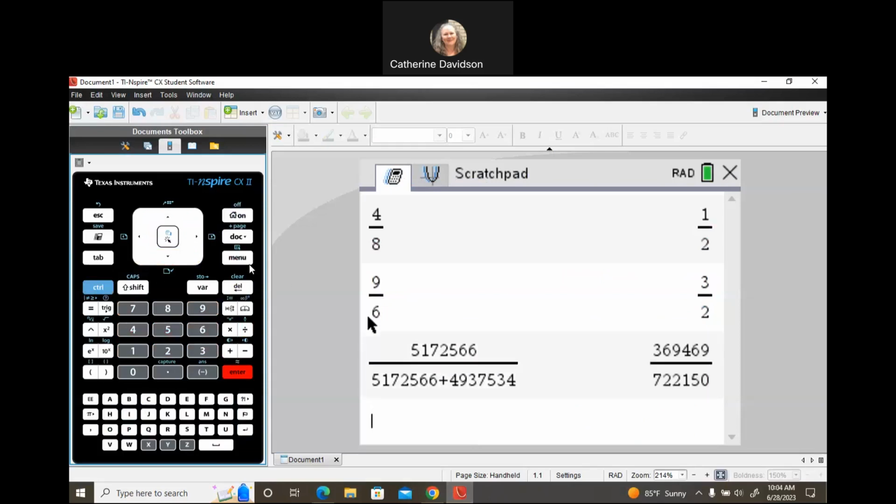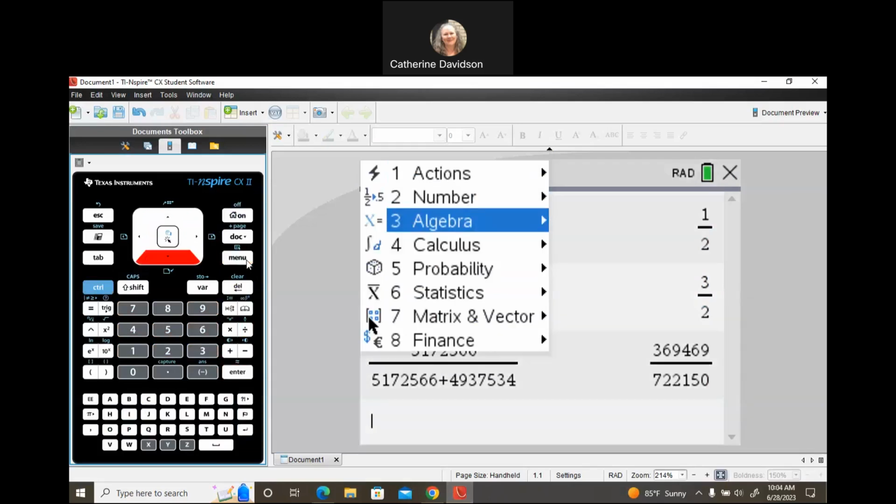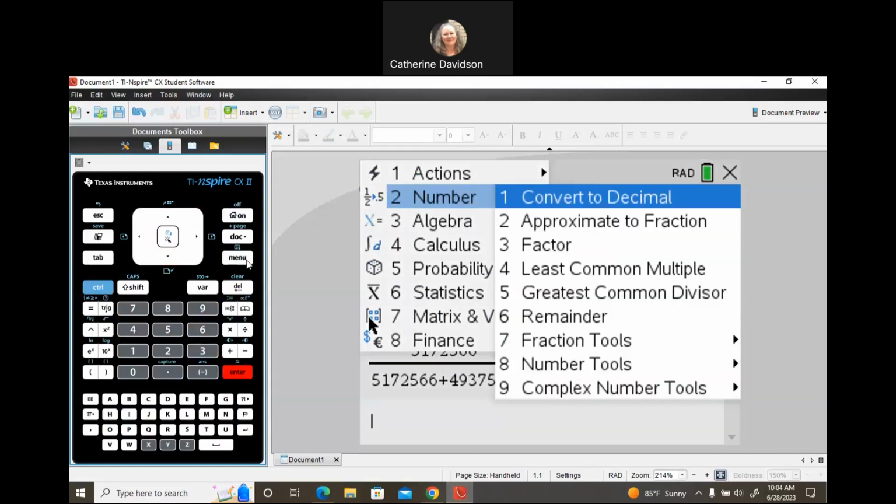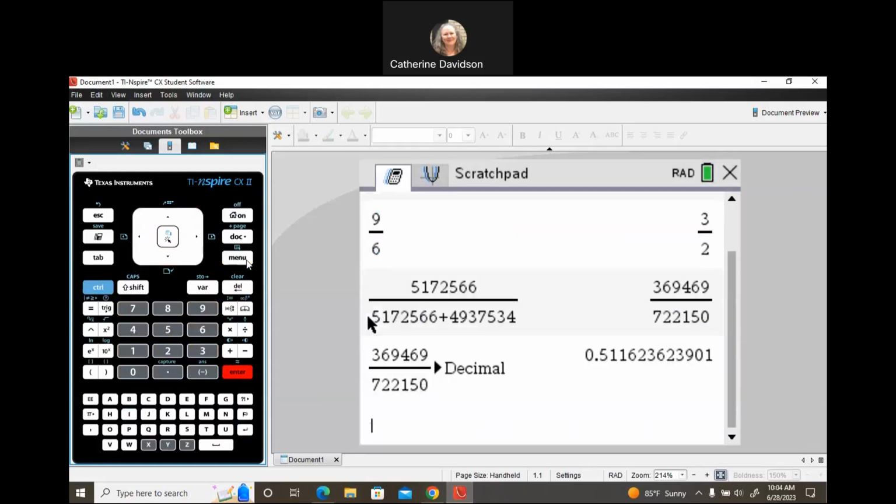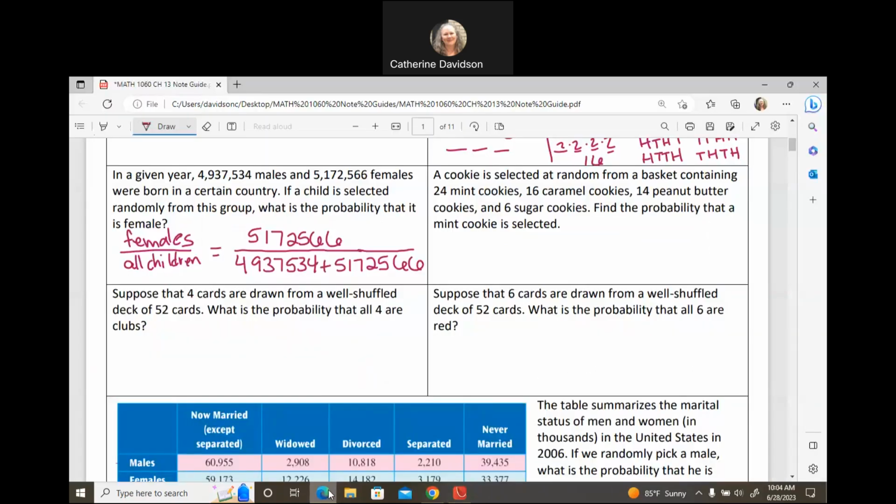So I am going to need this converted to a decimal. And let's use 2 decimal places, 0.51. So however many decimal places they ask you for. So about 51% of the children are females.